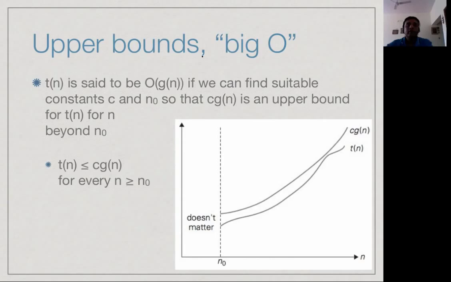So we say that it's not g of n alone which dominates t of n, but g of n times some constant. So there is a fixed constant c, okay? And beyond some limit, so there is an initial portion where we don't care, okay? But beyond this limit, we have that t of n always lies below c times g of n. In this case, c times g of n is an upper bound for t of n, and we say that t of n is big O of g of n.